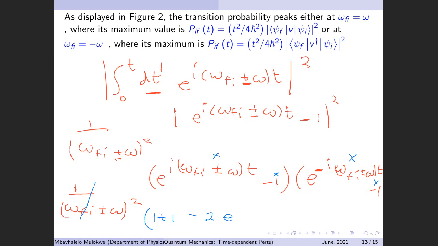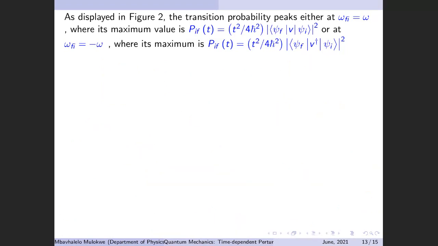What will I get? If you multiply that with that minus 1, you get e to the i(omega final initial plus or minus omega)t minus e to the minus i(omega final initial plus or minus omega)t. And this you rewrite in terms of a trig function. We've done this before.